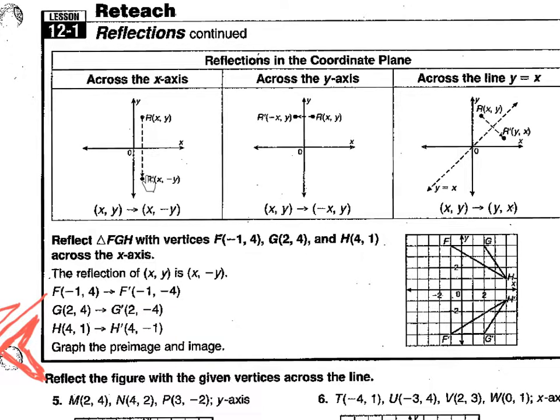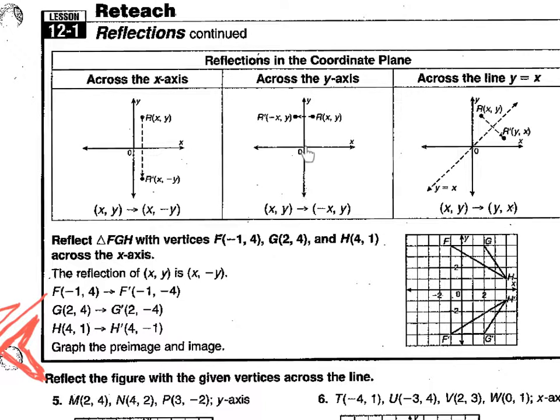Does the x coordinate change? No. What is supposed to be changing? The y coordinate. Because if it's a 2 over the x-axis, this becomes a -2. Okay? Now, if it's a -4 and you reflect it over the x-axis, that's going to be a +4. Okay? Now, what about the y-axis?